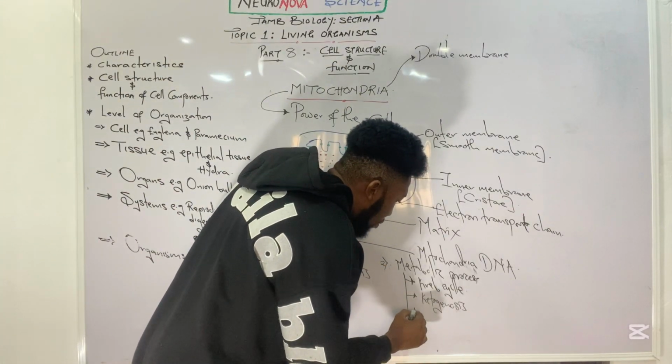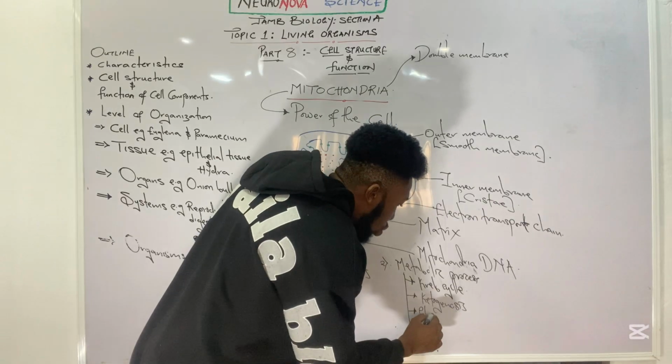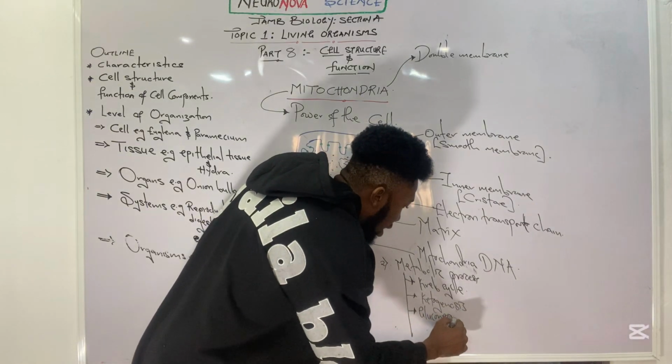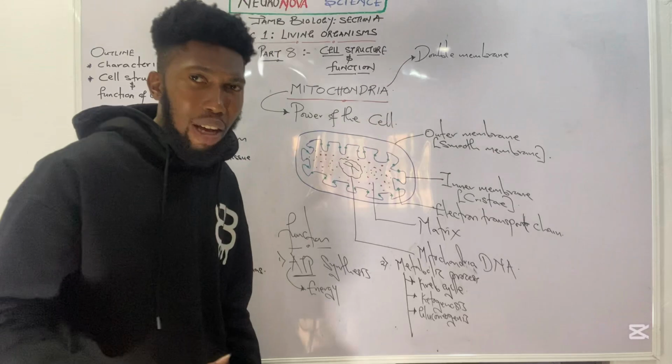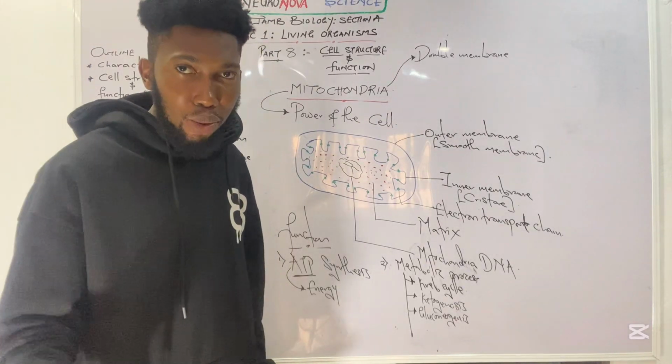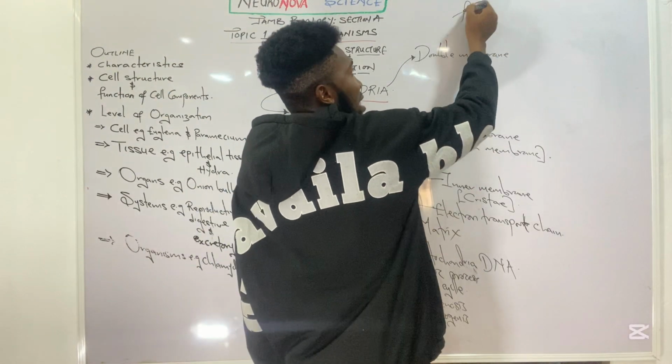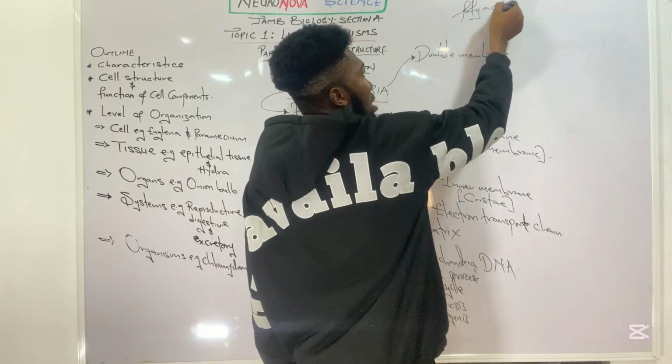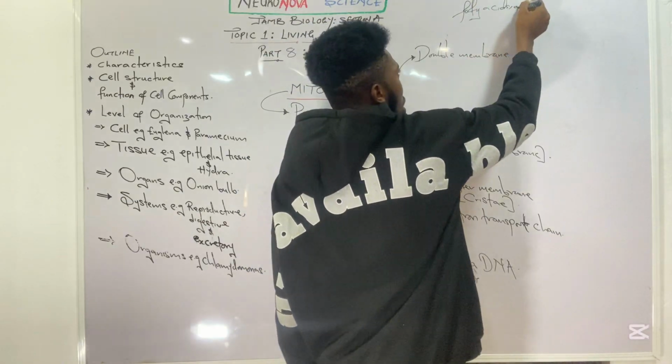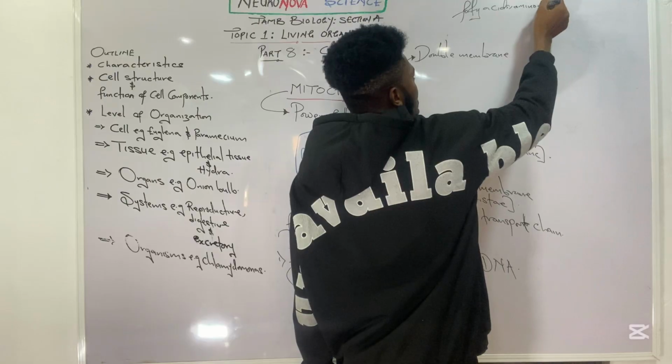You also have a process called gluconeogenesis. In gluconeogenesis, you are forming new glucose molecules from what? From fatty acids, and you're forming them from amino acids as well.